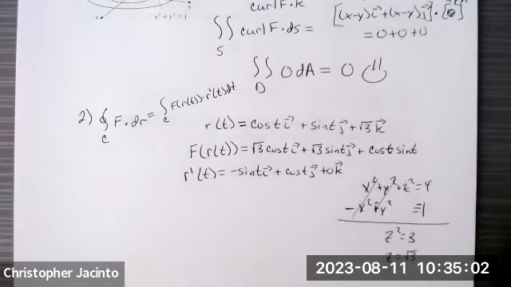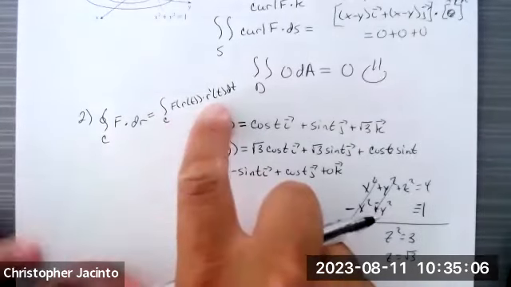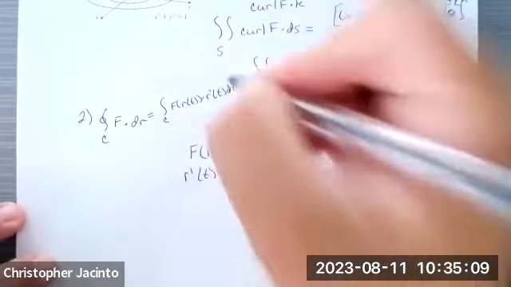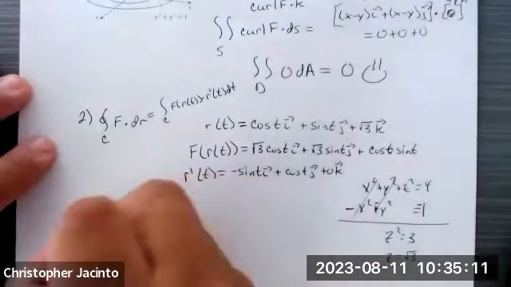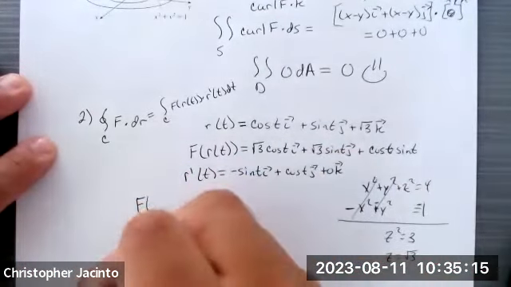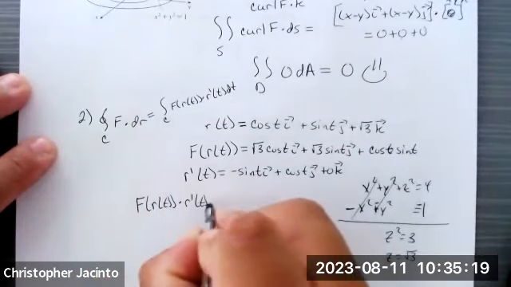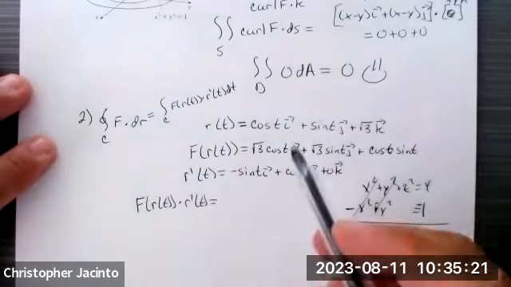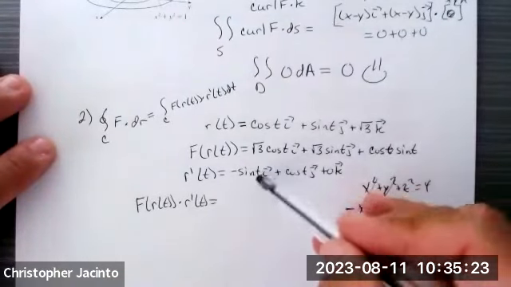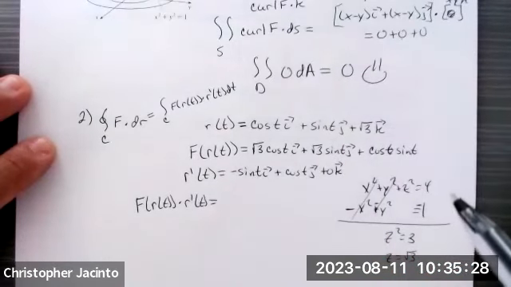All right, anyways. Now let's do this. So we have everything we need, right? We have this, we have that. So now we're going to make the dot product of this line integral. Well, we'll just make the dot product first. So it's going to be f of r of t dot r derivative of t. So it's going to be this times this, this times this, this times this, all added together, right?